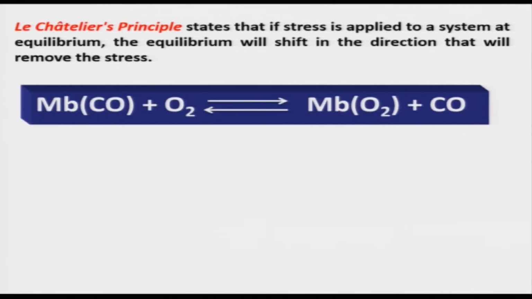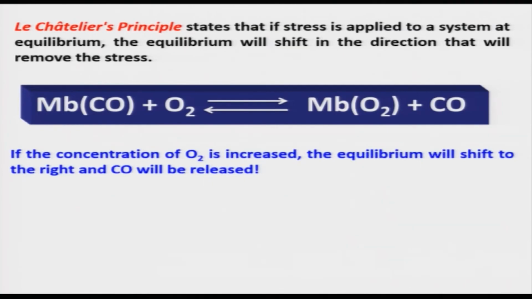So, they are in equilibrium. As I have said, carbon monoxide binds only 250 times stronger to the iron center of hemoglobin and myoglobin than oxygen. However, if the concentration of dioxygen is increased, the equilibrium would be shifted to the right and carbon monoxide can be released like this.